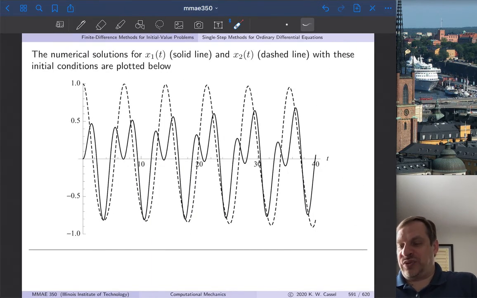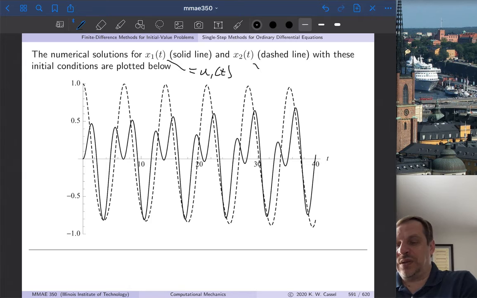So here's a sample solution of that. So once you get the solution, again using first order implicit, explicit, or Crank-Nicholson for our system of equations, x1 is equal to u1 of t, and x2 is u2 of t.